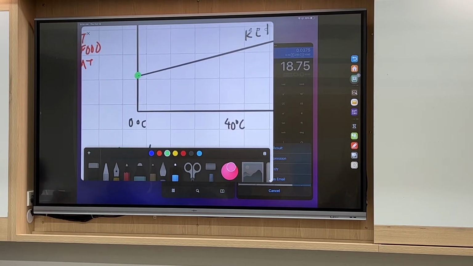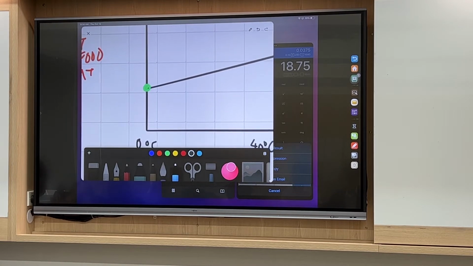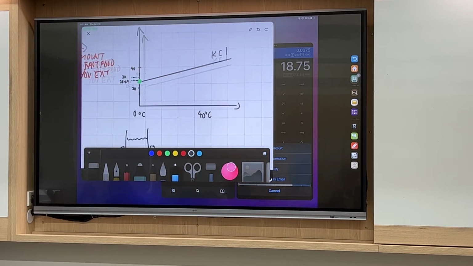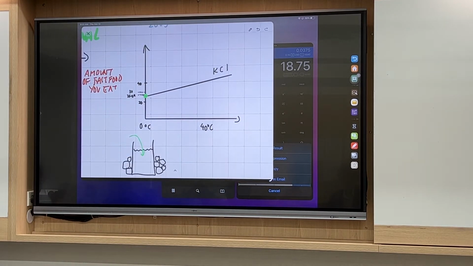You can see where this value sits. It sits between 20 and 40. If this is 20 and 40, somewhere in the middle you have 30, and somewhere here will be around 28 to 29. Doesn't matter, roughly will do, because I did not give you a very clear scale. So let's just assume that you can put about 28 to 29 grams of KCl into a 0 degree sample of water.